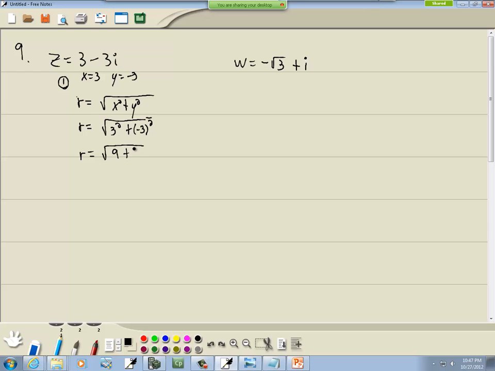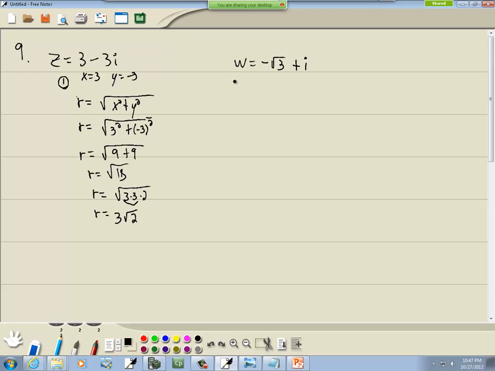Negative 3 squared is 9. So that gives us the square root of 18, which is 3 times 3 times 2. So we'll bring a pair of 3's, comes out as a single 3. So we got r is equal to 3 square root of 2.